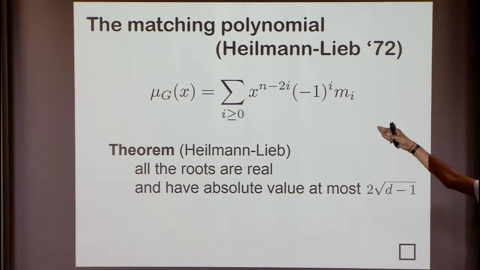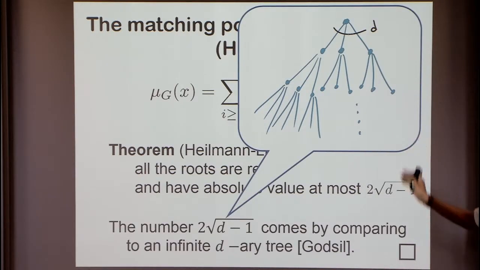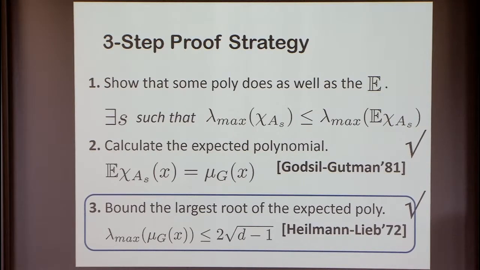So Godsil proves that this thing divides the characteristic polynomial of the path tree. The path tree is a tree whose degree is bounded by d, so it's an induced subgraph of the infinite d-regular tree. And that's a connection. So this number really comes from this infinite tree.